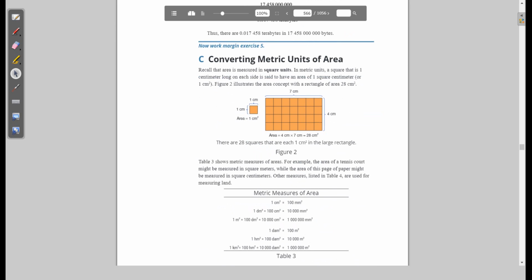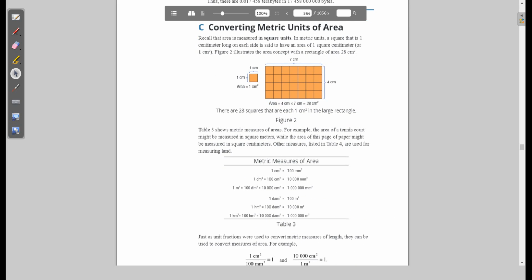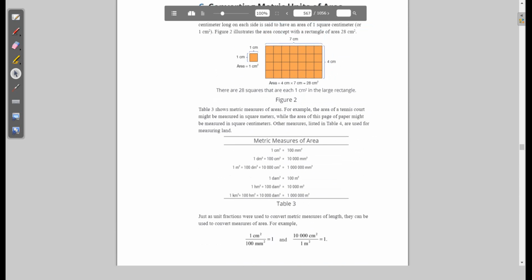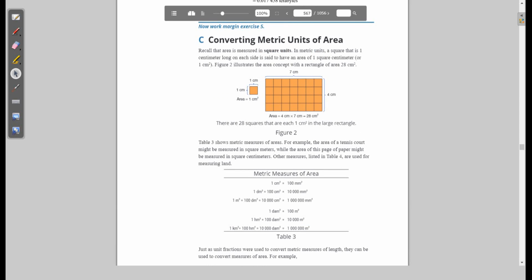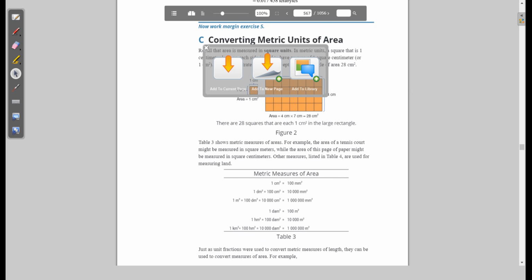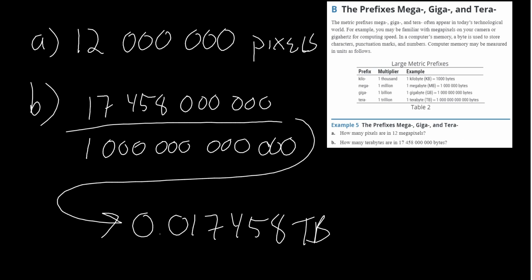And converting metric units of area. So next up we're going to talk about area. Let's see, can I fit all that in there? Try. That's a mistake.